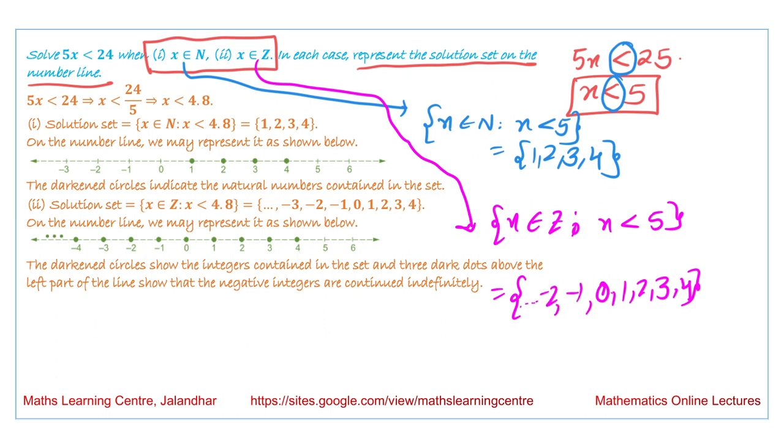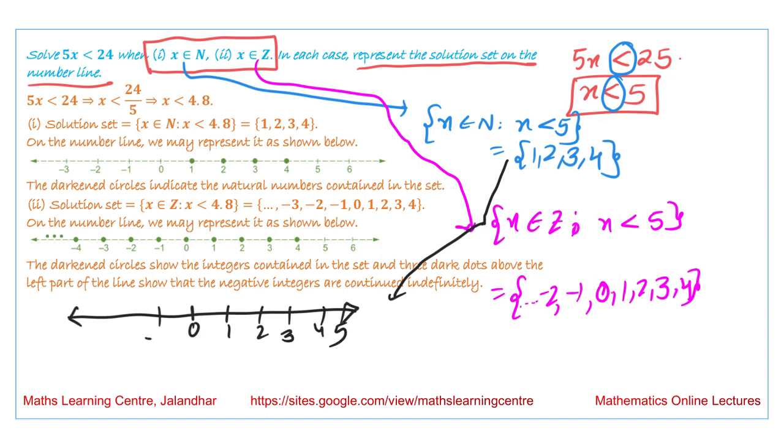When we are representing these numbers on the number line, we have drawn the number line over here. This is 0, 1, 2, 3, 4, 5, minus 1, minus 2, minus 3. We are talking about the numbers 1, 2, 3, 4. These are the numbers, we represent them with dark dots over here. So, these are the 4 numbers we have over here.